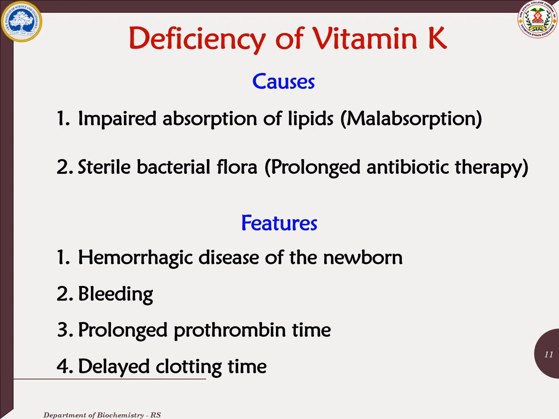Uncontrolled bleeding will be seen, because vitamin K is an anti-hemorrhagic factor. So if vitamin K supplementation is not proper, hemorrhagic disease is seen, bleeding is seen, prolonged prothrombin time, and delayed clotting time. These are some of the features of vitamin K deficiency.